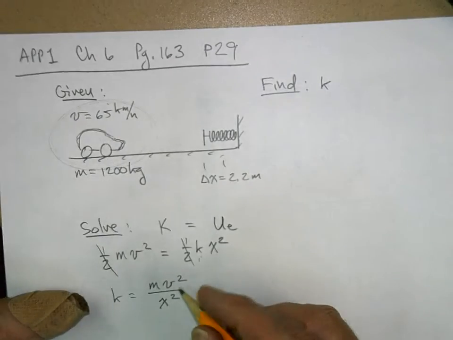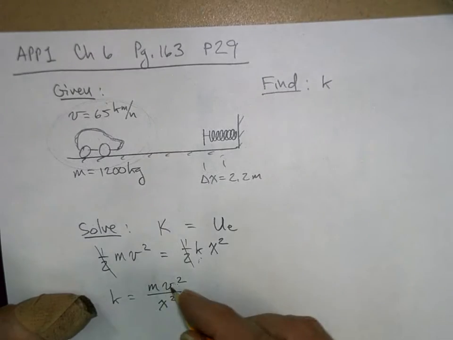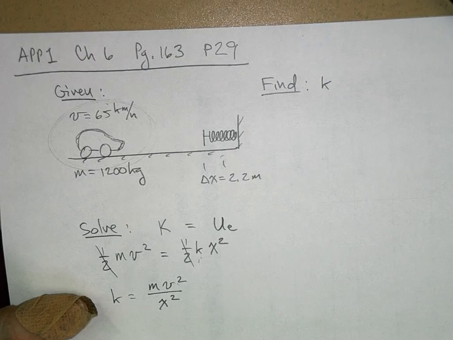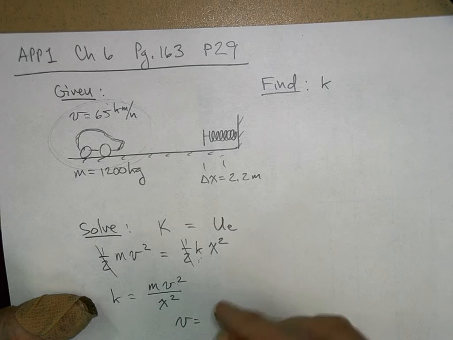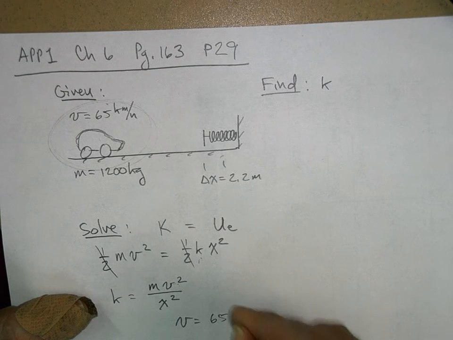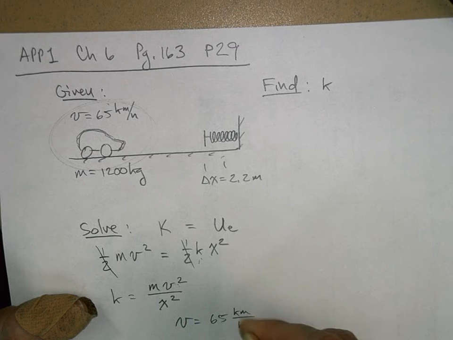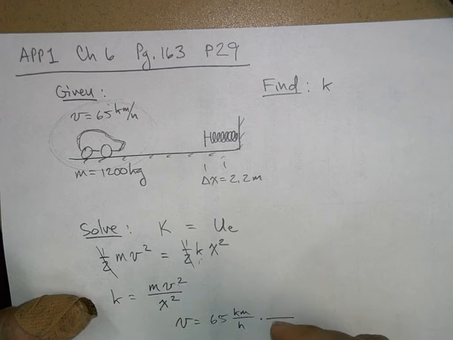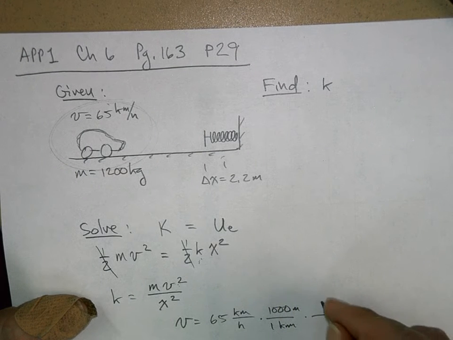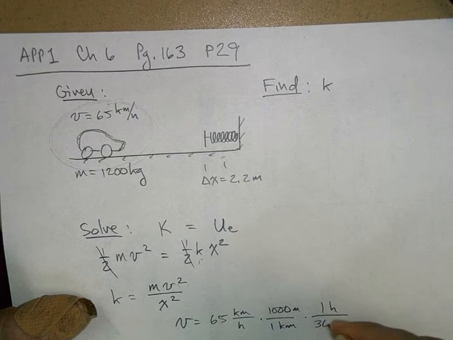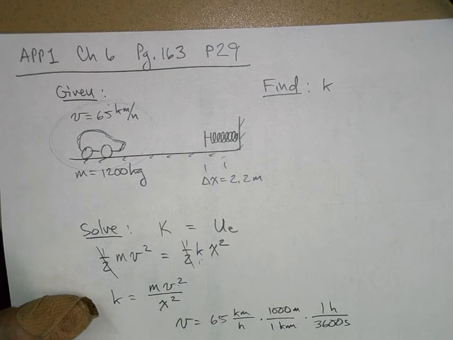Well, we really need to get this to be in meters per second. So let's do that first. The velocity is 65 kilometers per hour. 1 kilometer is 1,000 meters. And 1 hour is 3,600 seconds.